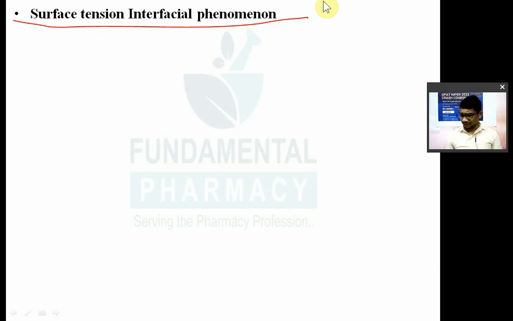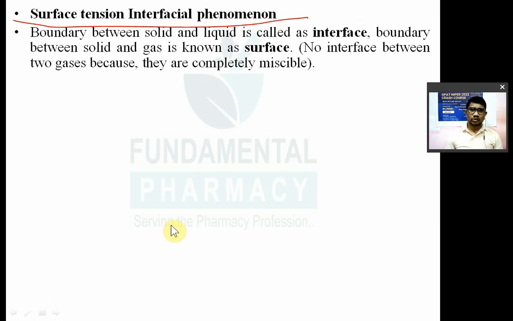So you might have clearly got what is meant by surface and what is meant by interface. Actually I should not explain these things because you have already done this in college. The boundary between solid and liquid, or liquid and liquid, is known as an interface. The boundary between solid and gas is known as a surface.